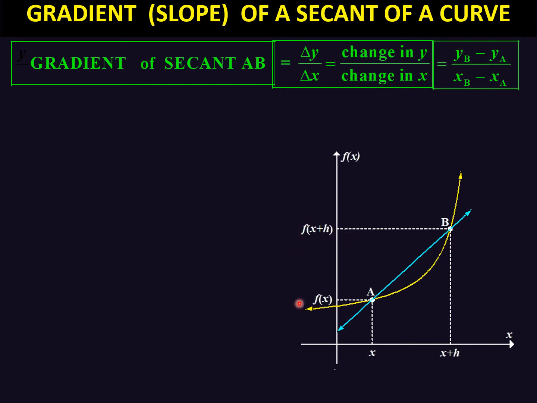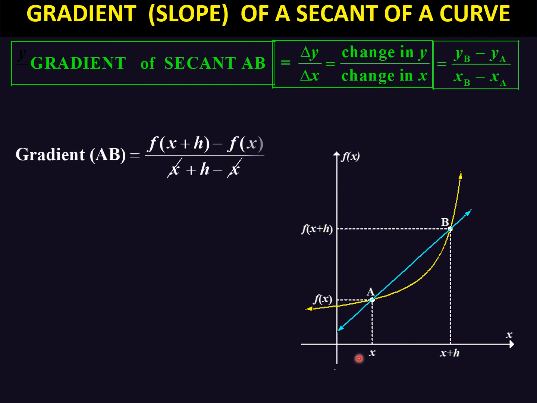Now, what is yB? f(x plus h), that's the yB, and the yA is f(x). The xB is x plus h, and the xA is x. This x and that x will give you 0, since x subtract x is 0, and we end up with that quotient.